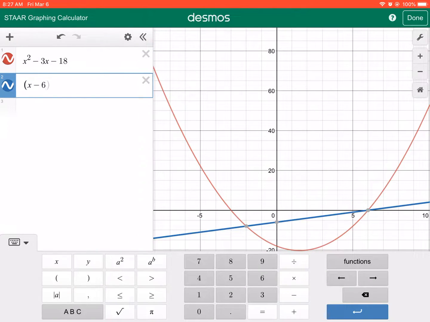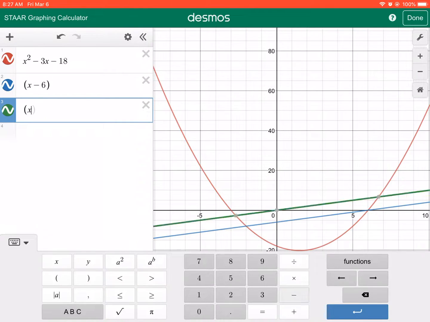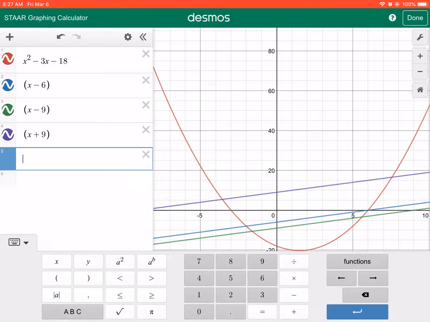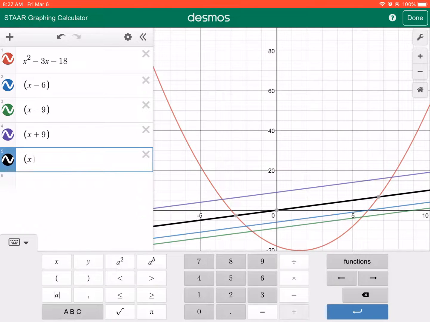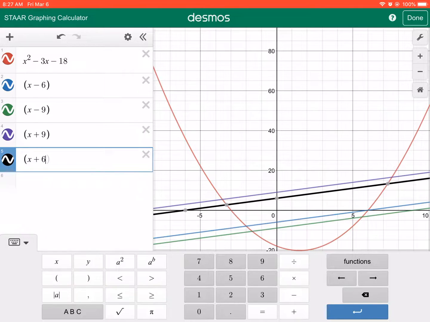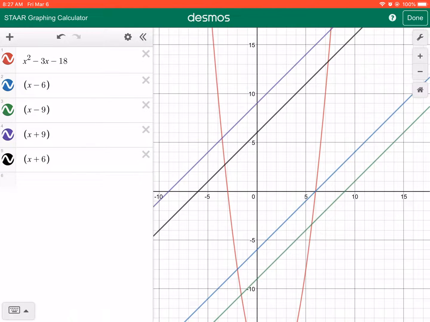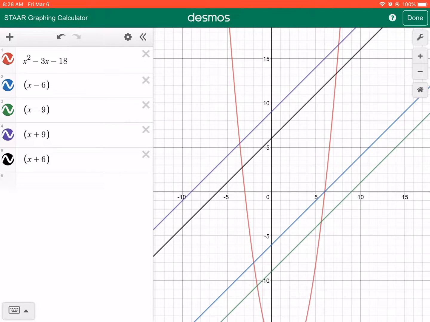x minus 6, x minus 9, x plus 9, and x plus 6. All right. So I just hit the house button so that it would go back to a normal size screen.